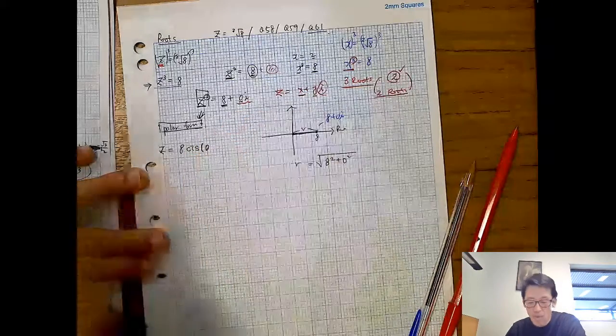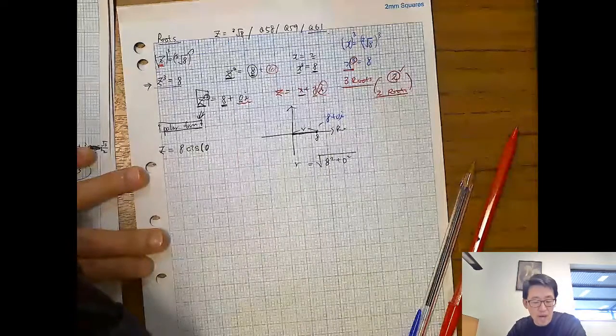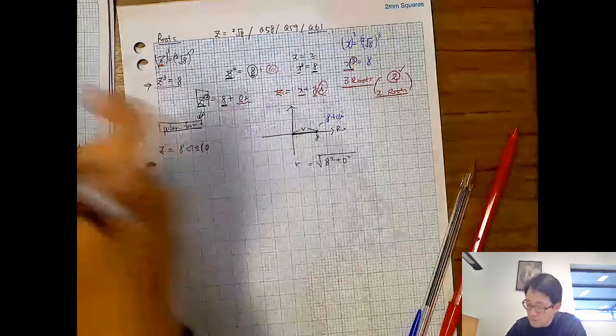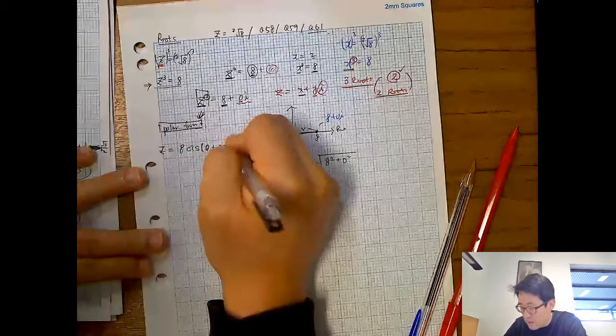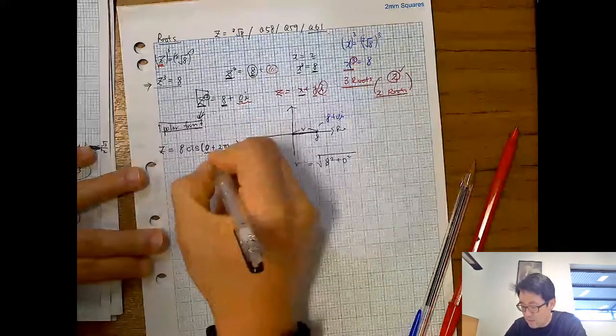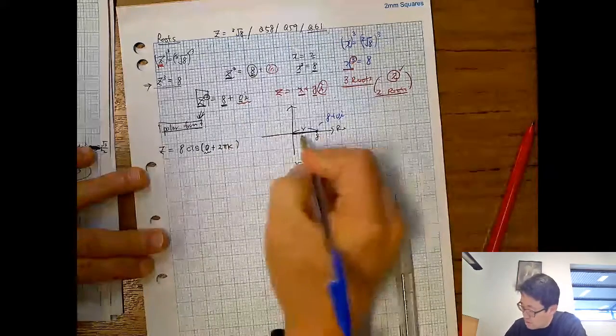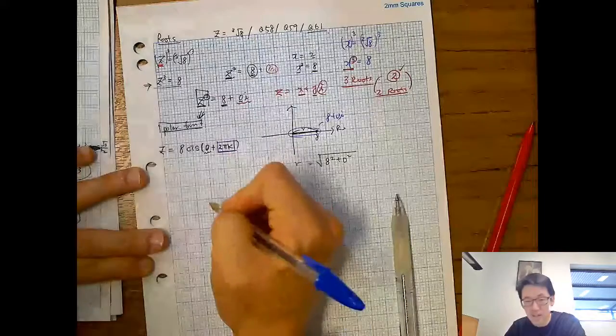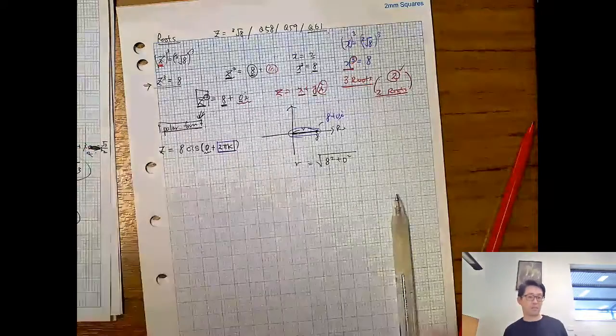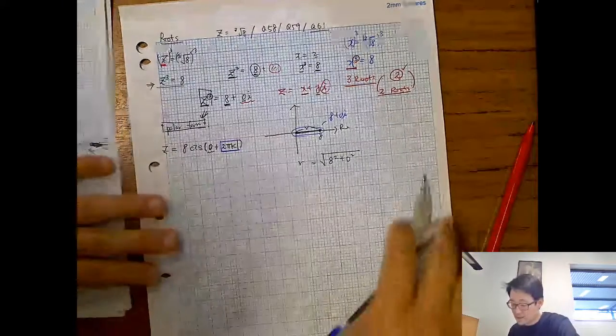However, we're getting all the possibilities, isn't it? So Ian Miller also suggests we need to add 2 pi k. So that's our angle, and then we add 2 pi k to get all the possibilities. Sounds okay? Yeah, 2 pi k.